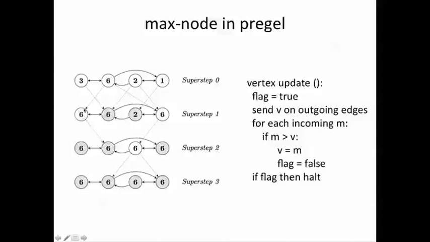So 1 sends its value to 6. 6 does nothing with it. 6 sends its value to 2, which now wakes up because it was halted, but it got an incoming message, so it wakes up in the next super step and checks that yes, it did get a new value, so it becomes 6, and then it sends its value out to its outgoing edges, which doesn't do anything over there. So at the end, all the vertices are still halted. The computation ends, and as you can see, all the vertices have the maximum value 6.